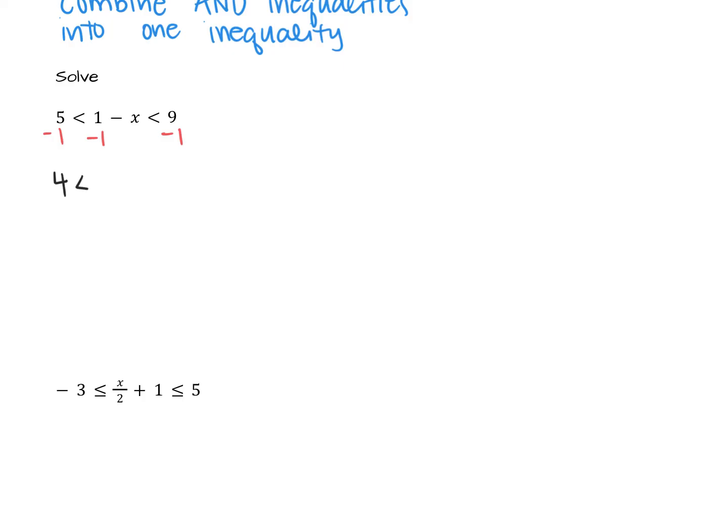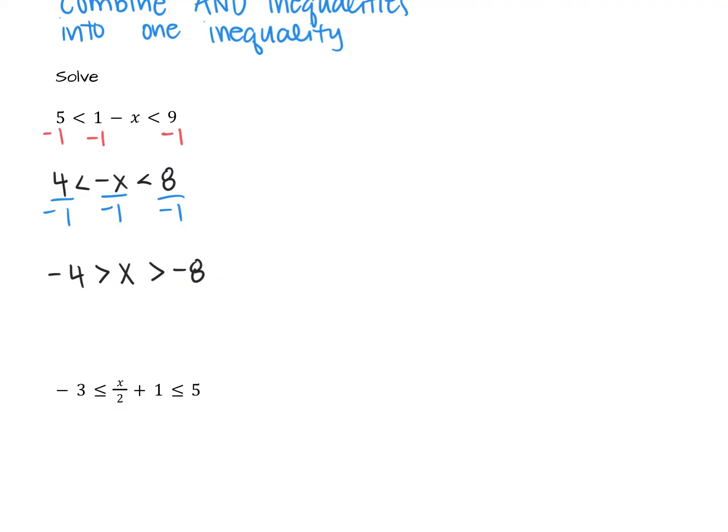So we get 4 less than negative x less than 8. Now I want to get rid of that negative. So now I'm going to be dividing everything by negative 1. So we get negative 4, and I have to change this to greater than x greater than negative 8. I do have to flip my inequalities.